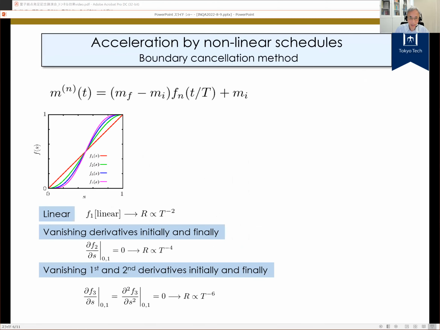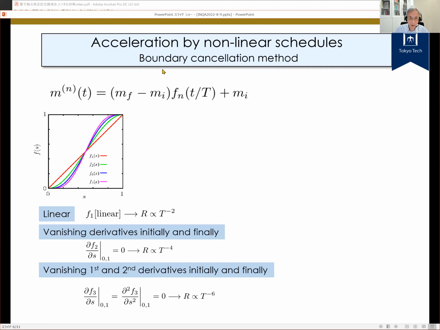We also tried another annealing schedule by choosing a nonlinear function for the increase of the mass. As I said, in the linear schedule, the mass increases from m_i to m_f monotonically this way.